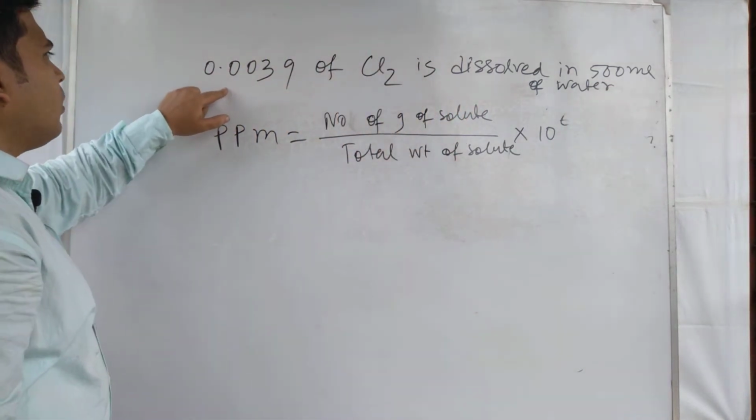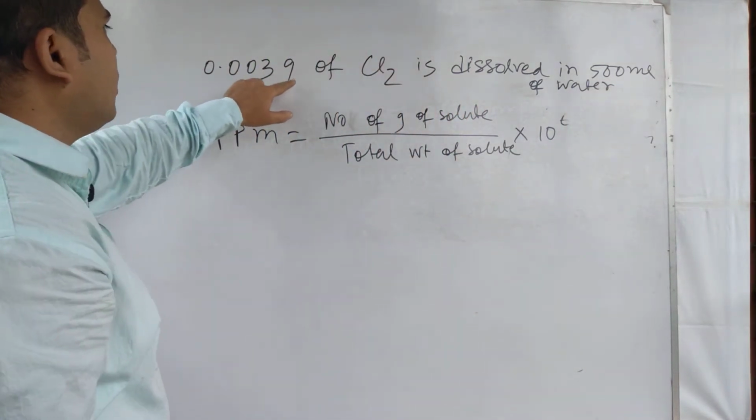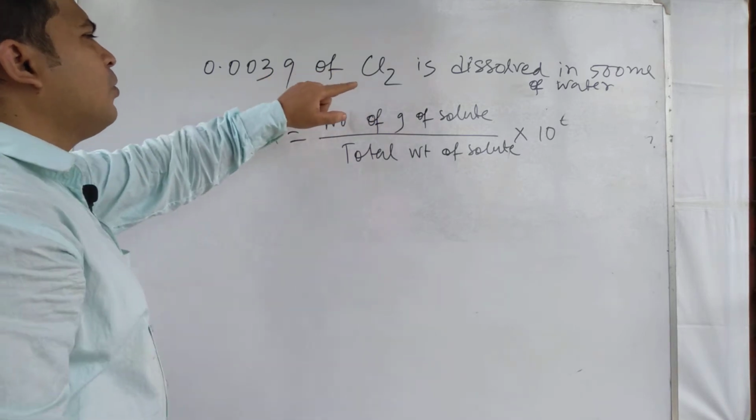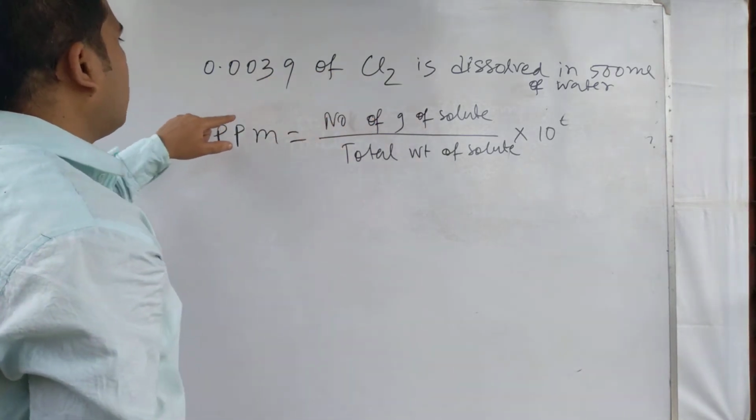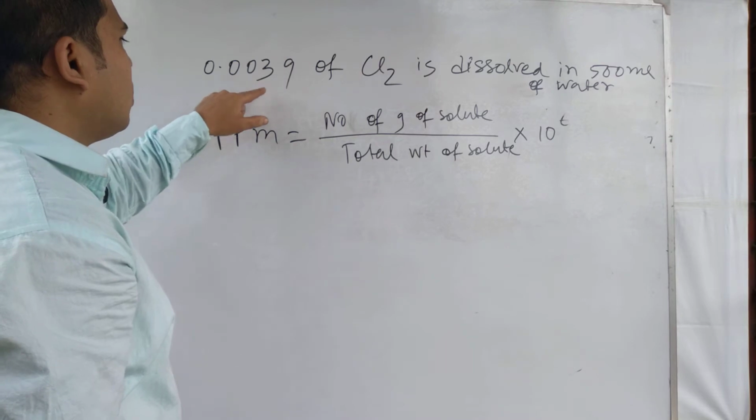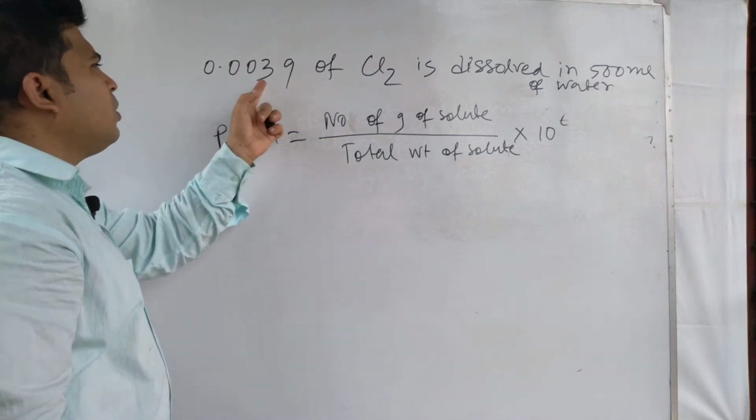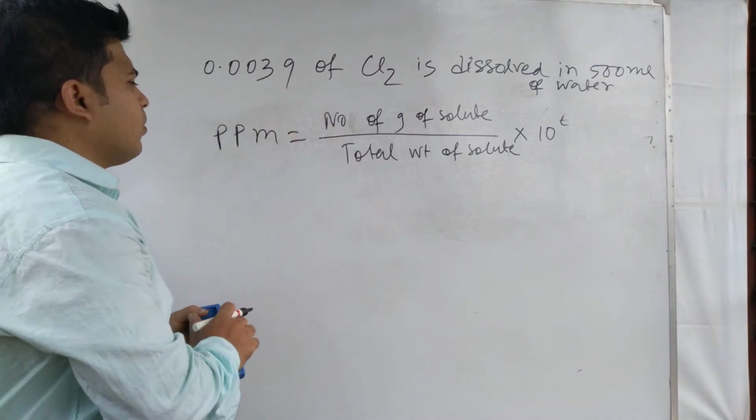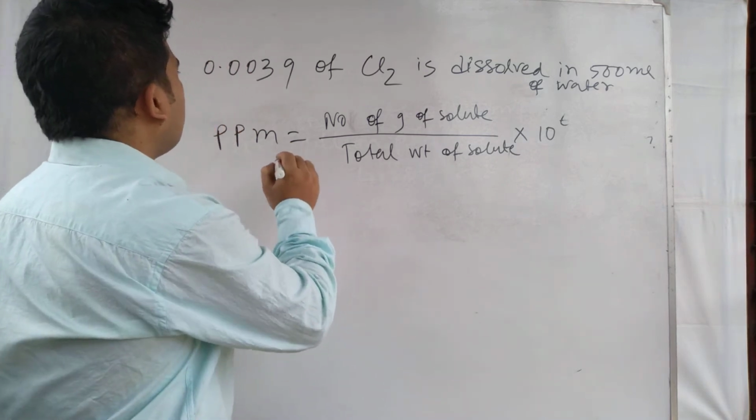So if 0.003 gram of Cl2 is dissolved in 500 ml of water, and if we want to calculate the ppm for this solution, then what will we have to do?